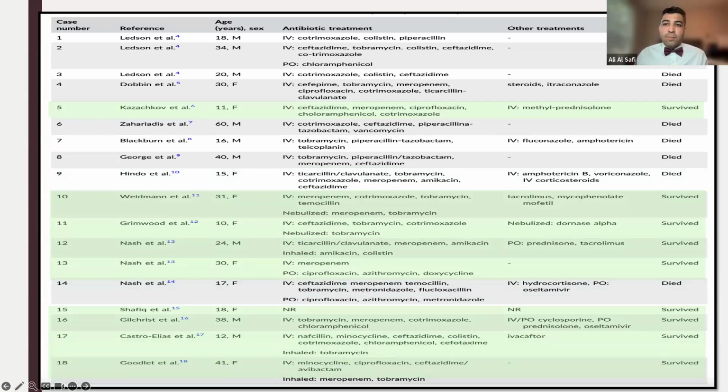Bactrim or trimethoprim sulfa was the most frequently administered antibiotic for these patients. They found out that inhaled and nebulized antibiotics were prescribed in about 5 patients, all of whom survived. Immunosuppressant agents were administered in 7 out of 18.